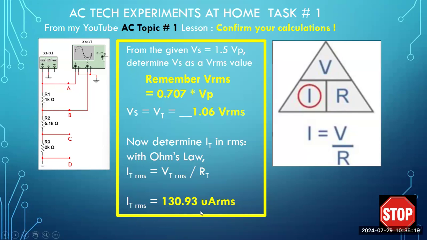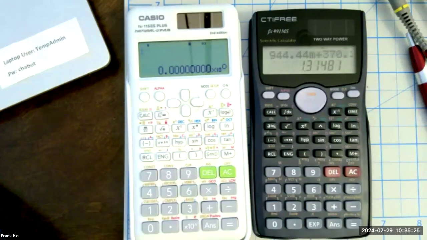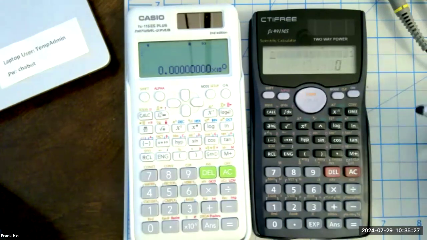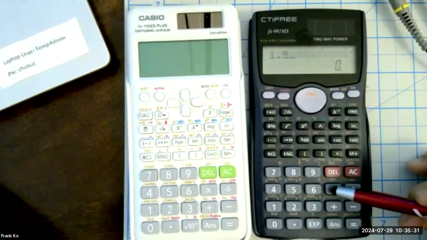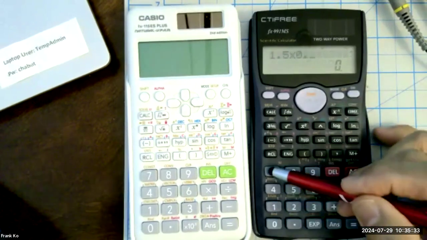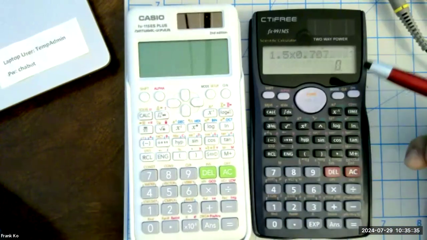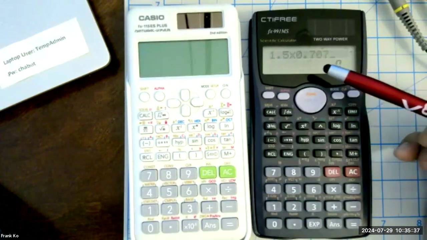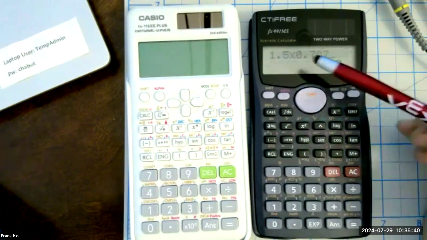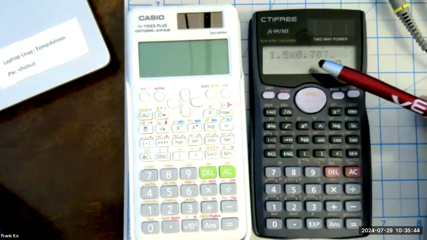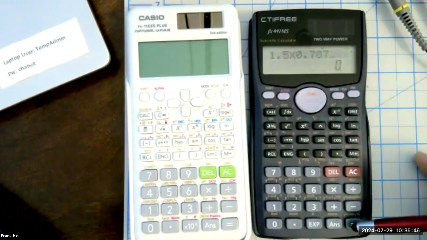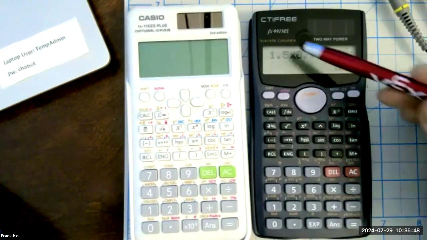All right, let's take a moment and see what this looks like on your calculator. I'm going to go to camera mode. Okay, in camera mode, we're going to clear. You took the 1.5 and multiply by 0.707. Was the zero necessary? No, but I just put it in there. So 1.5 times 0.707 will give me the RMS value, because that's a peak value.